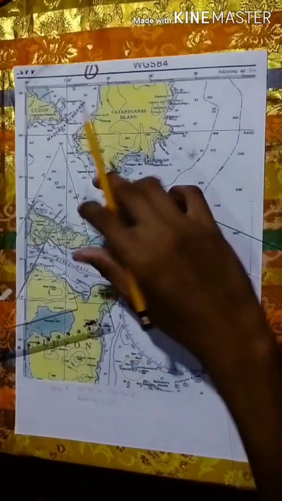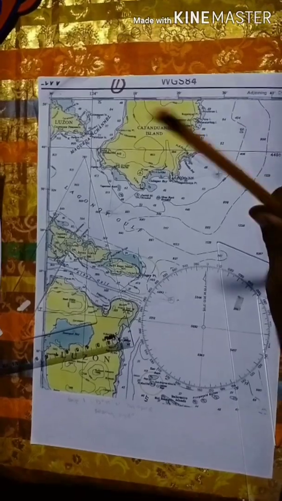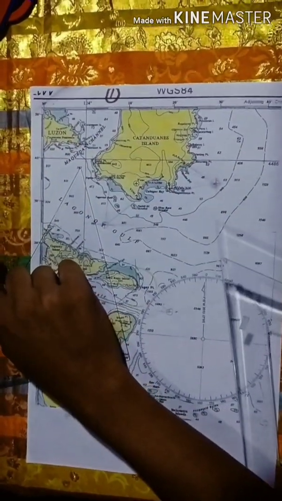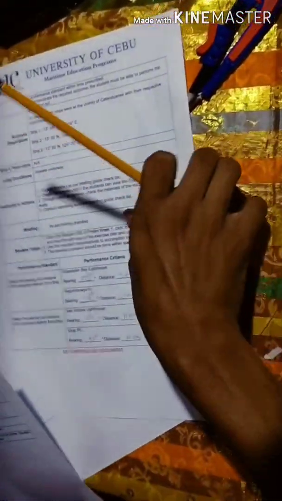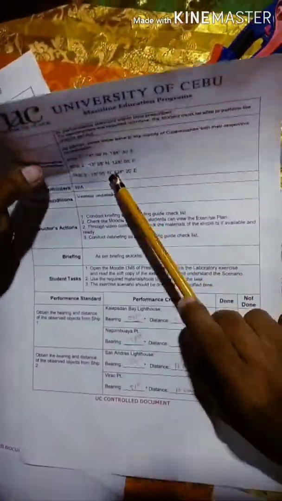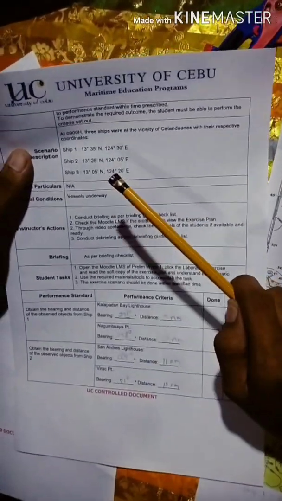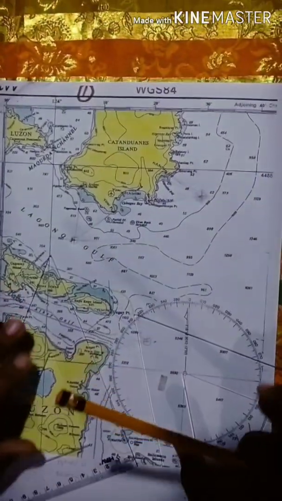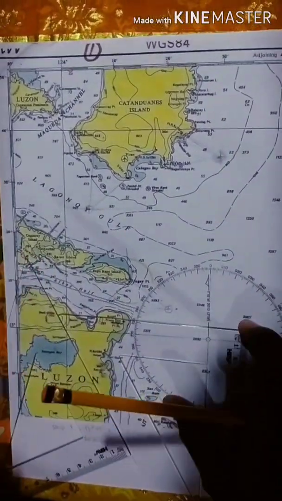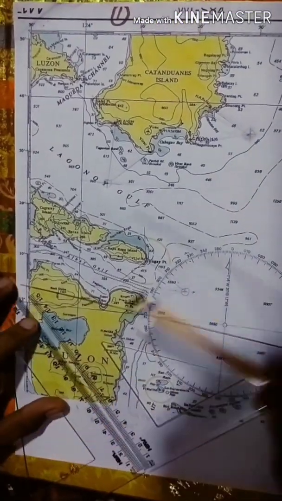Okay. So now we are going to continue with ship number 3. So we have the Ungay point, then the Piso Diaz lighthouse. So here in ship number 3, our coordinate is 13 degree 05 minutes north, 124 degree 20 minutes east. So in order to find its coordinate, we have to use the triangles.